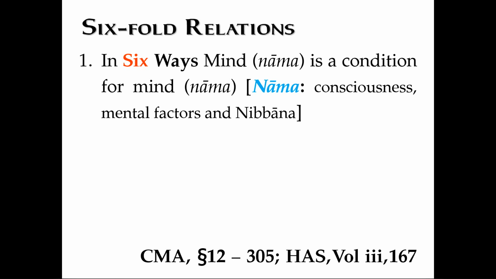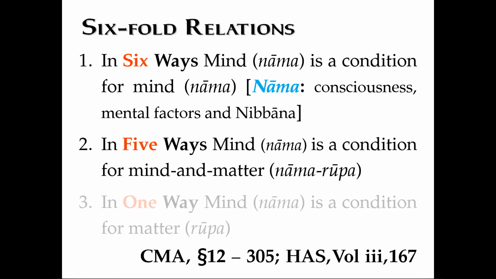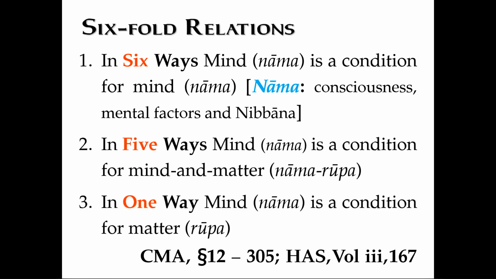And look at paragraph number 3. In 6 ways, mind is a condition for mind. This is number 1. Number 2, in 5 ways, mind is a condition for mind and matter. That's number 2. Number 3, in 1 way, mind is a condition for matter. That's number 3.